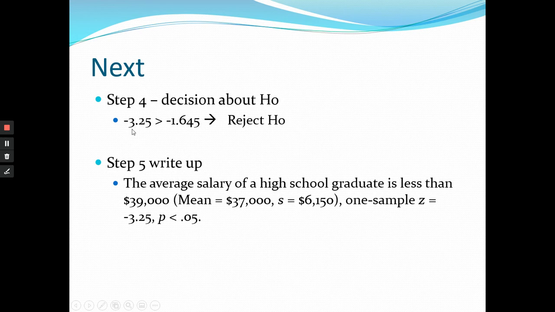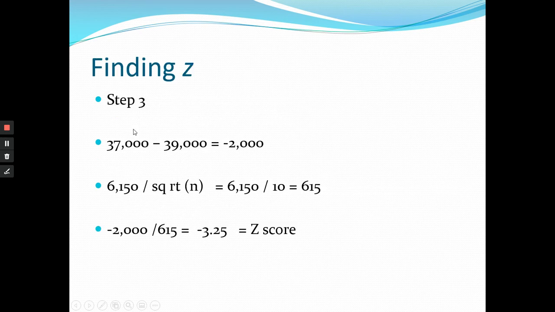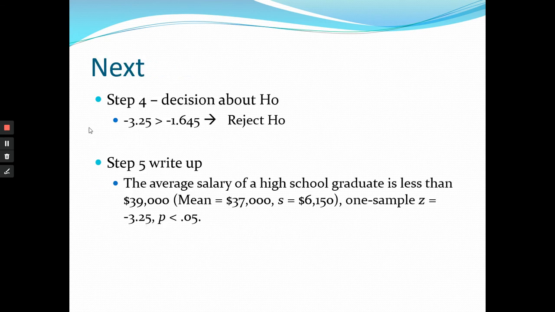So what we do is we take the number we calculated. Remember, we got negative 3.25 is what we calculated. That number is greater than our criteria that we set, the 1.645 that we always have. If the number that we calculated is greater than the number that we set beforehand from the table, we reject the H0.